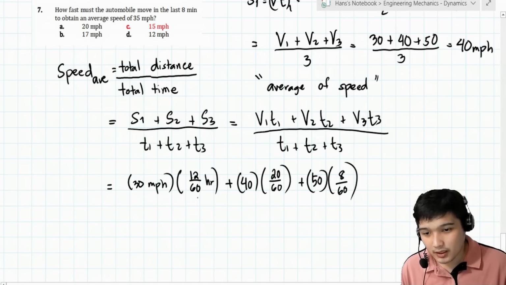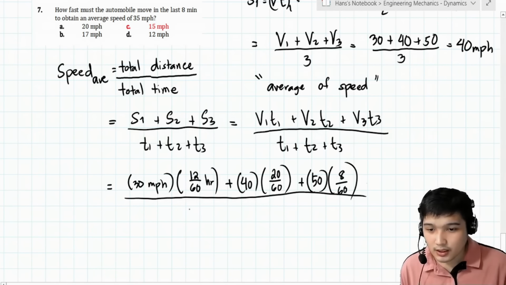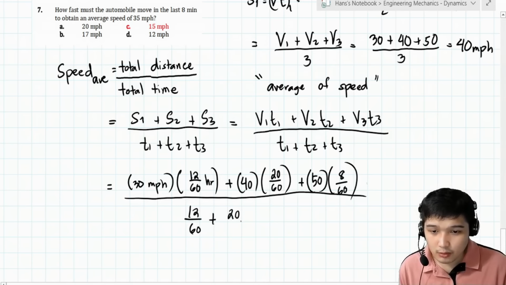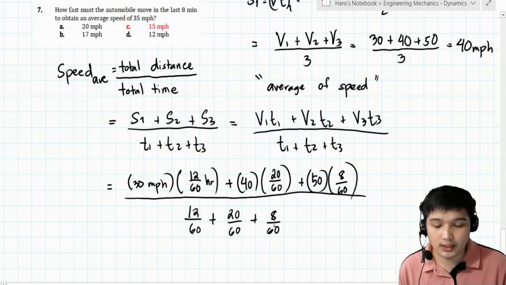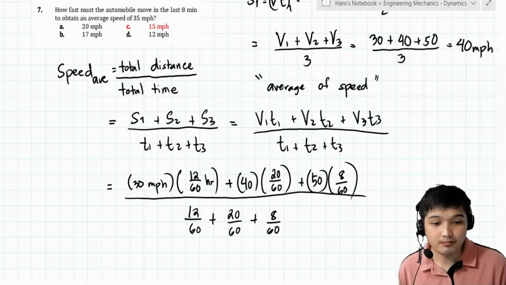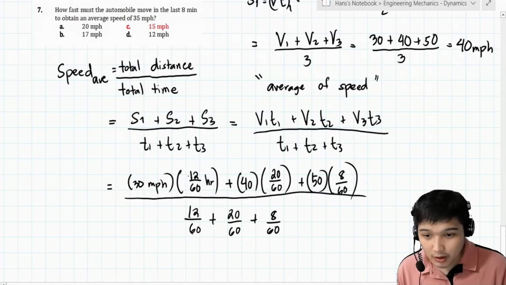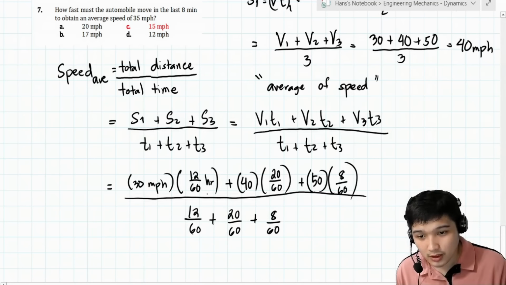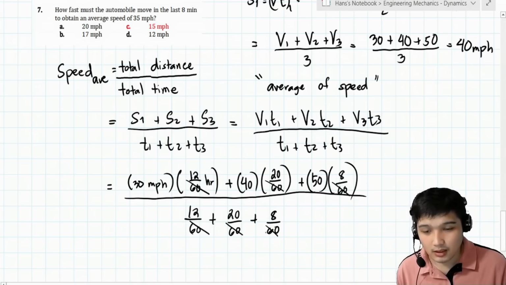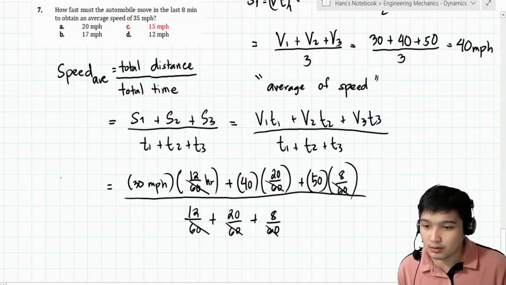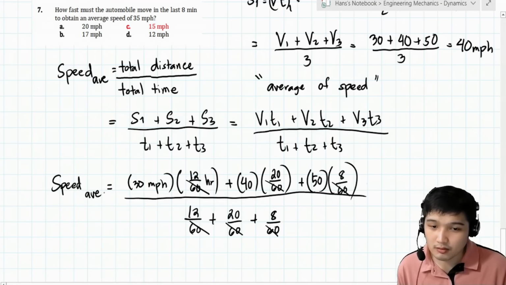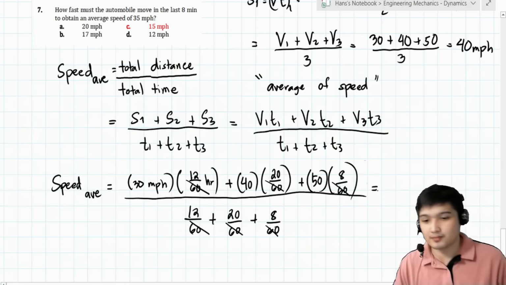Okay, so divided by total time, yung 12 over 60 hours, 20 over 60 hours, plus 8 over 60 hours. So as you can see, yung sinasabi ko guys, no, pwedeng hindi mo na siya gawin sa solution mo kasi nga makakancel lang naman to, yung over 60. Okay? So anyways, ayan na yung tinatawag nating average speed. Which is what? How much ito guys?